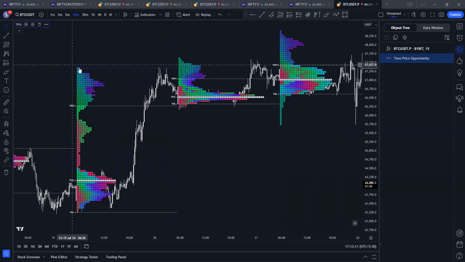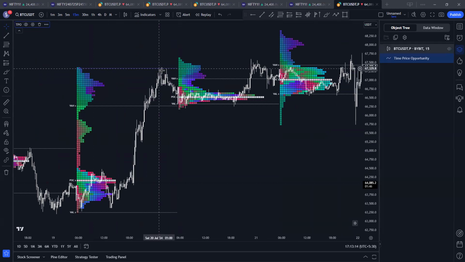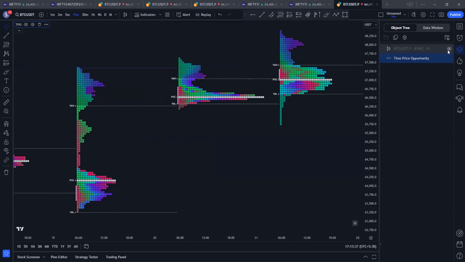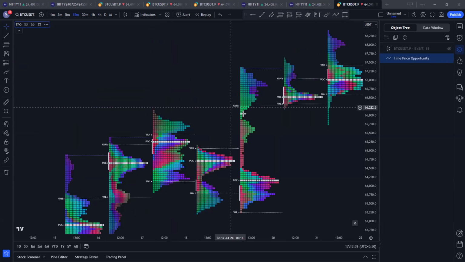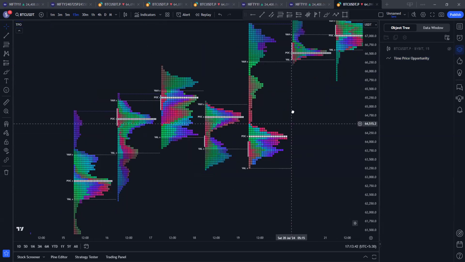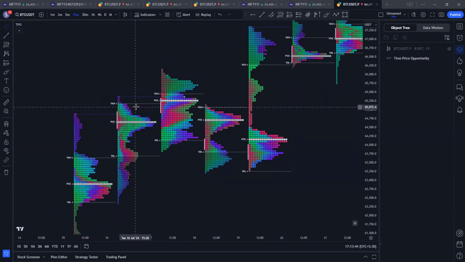Yeah, the same thing: the two TPOs. This is a poor high. Here price spent more time; in terms of some SMC concept or price action, this is a double top. A double top usually gets revisited, and some say it's the presence of liquidity. So you get the idea: in one view, without looking at the candles, you get the whole picture of what's happening, the conditions of the market, poor highs, poor lows, and where price could be revisited.